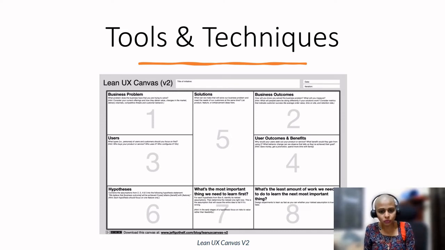Okay, and then what is the most important thing we need to learn first? When I'm ready and about to implement these things, what are the most important things I have to know before I start doing this? And the last point, the eighth point: what is the least amount of work we need to do to learn the next most important thing?